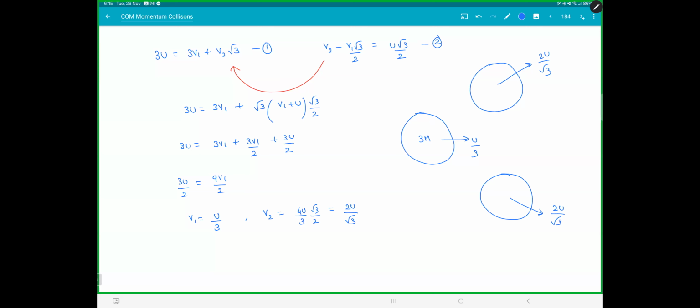Is that clear, everyone? We are going to again encounter something like this in rotational mechanics. There we are going to define it a little bit more.